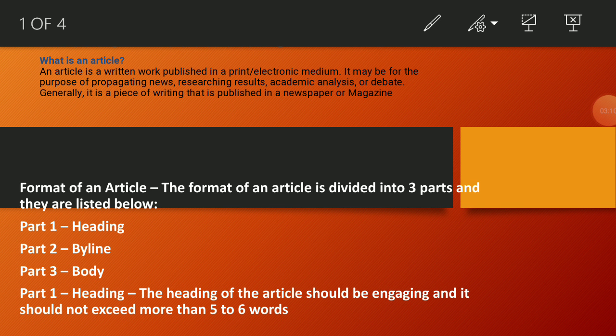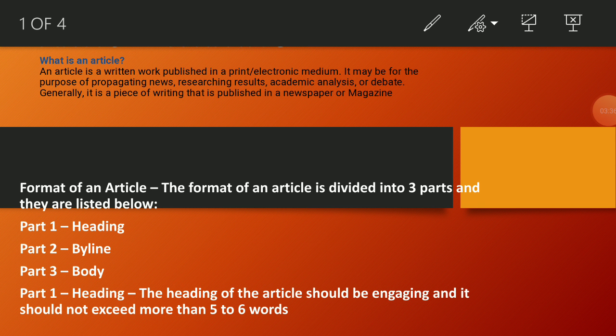Byline means by whom the article is being written. If you follow the newspapers nowadays, you will find that email addresses are given along with the name of the writer. So the writer's personal email ID as an employee of that newspaper is given, but for you people, the name will be enough to write.